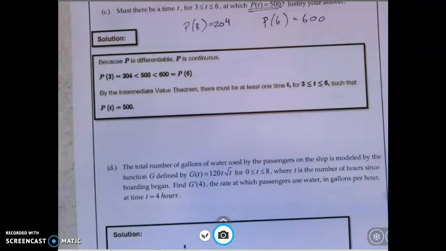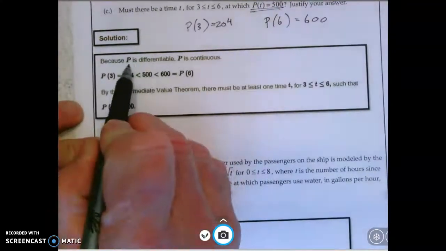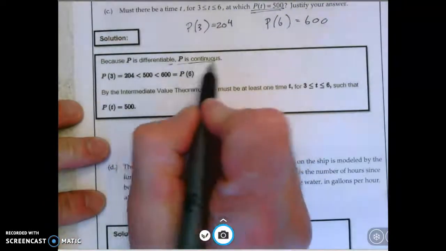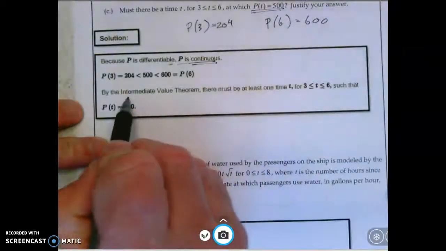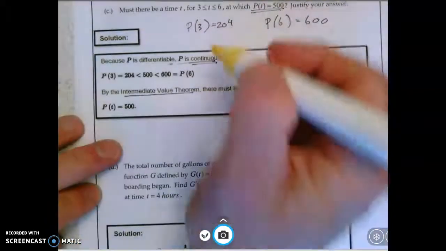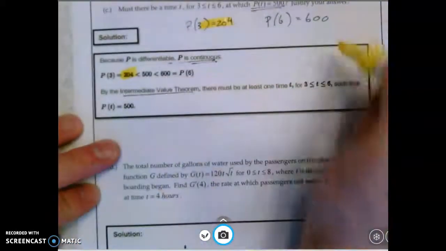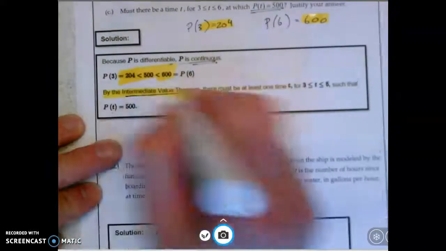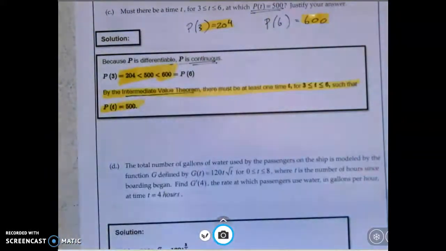Differentiability implies continuity. So because P is differentiable, P is also continuous. And because it's continuous, the intermediate value theorem applies. Because we have 204 here, and we have 600 here, then 500 lands between there. Therefore, by the intermediate value theorem, there must be at least one time such that P of t equals 500.